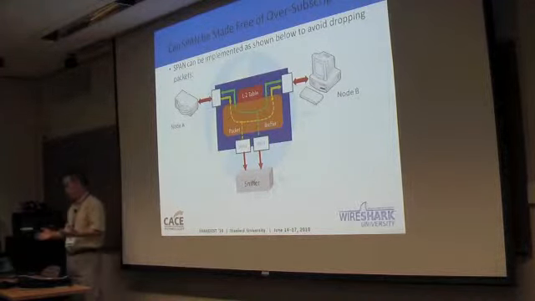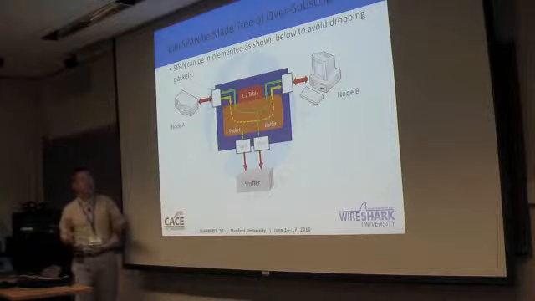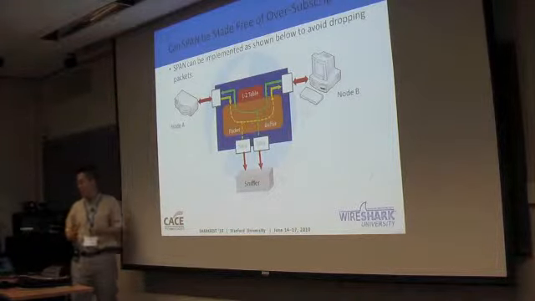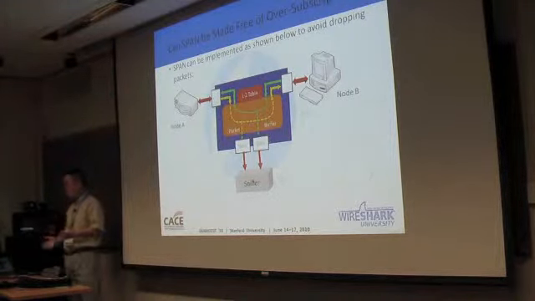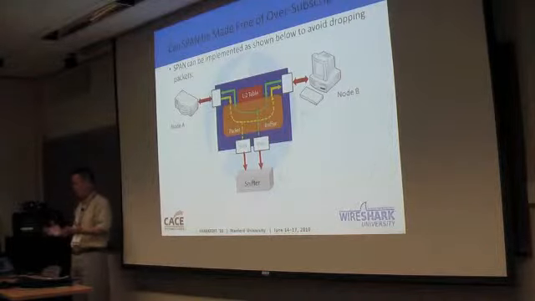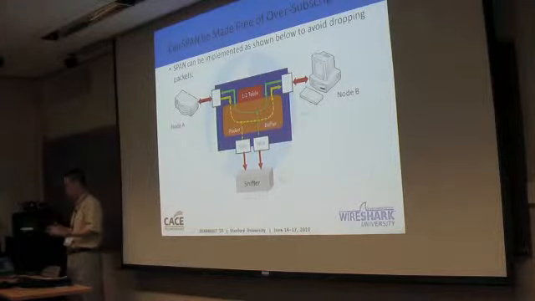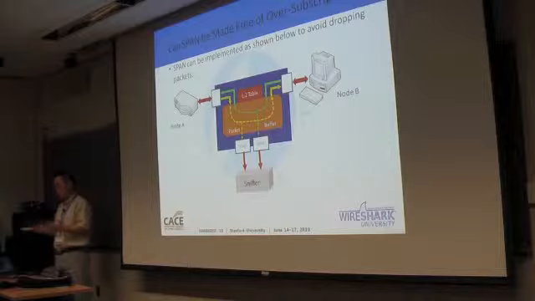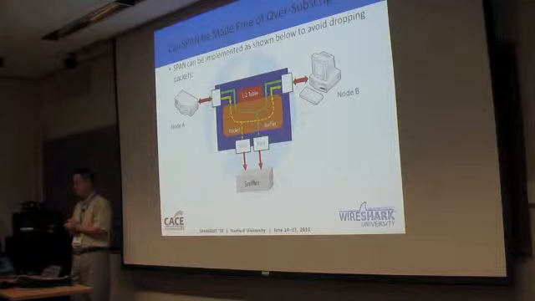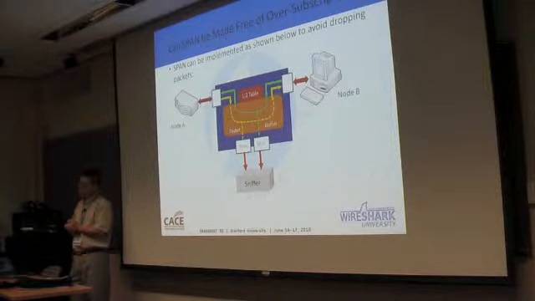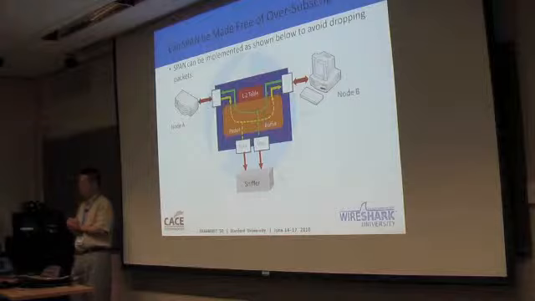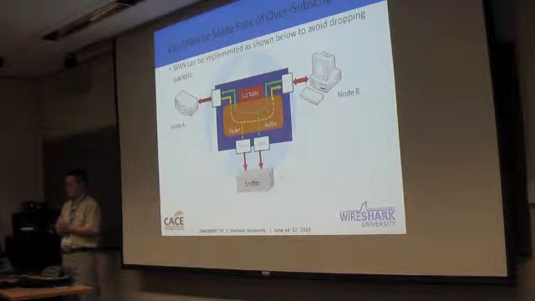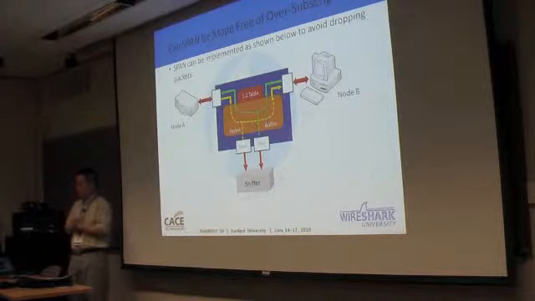So this slide shows that even if we do SPAN this way, we can avoid the oversubscription and the packet drop. And as far as I know, some switch devices or switch ASICs probably do have this capability now. Yeah, you can.